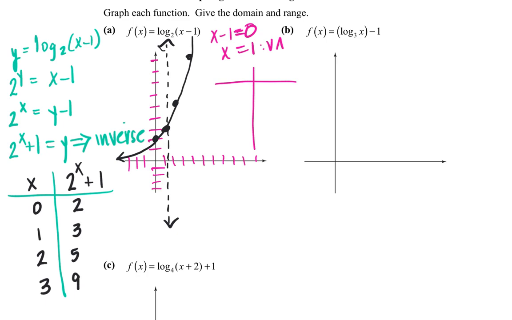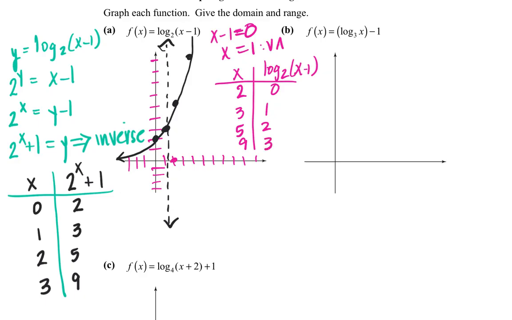So this is x and this is log base 2 of x minus 1. So it's 2, 0; 3, 1; 5, 2; and 9, 3.